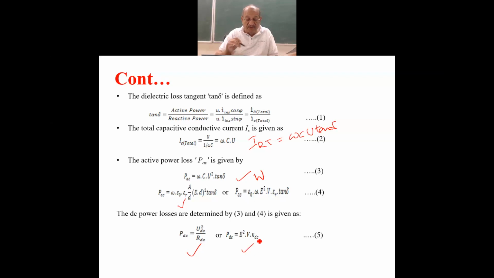So in terms of the conductivity of the dielectric, kappa DC E square into the volume of the dielectric can also be represented.